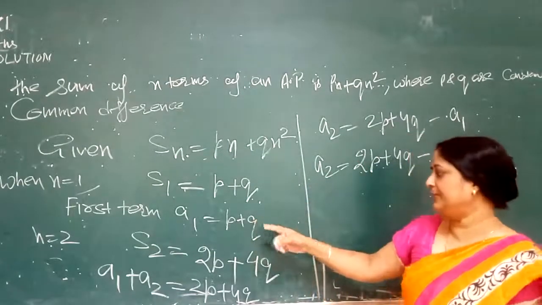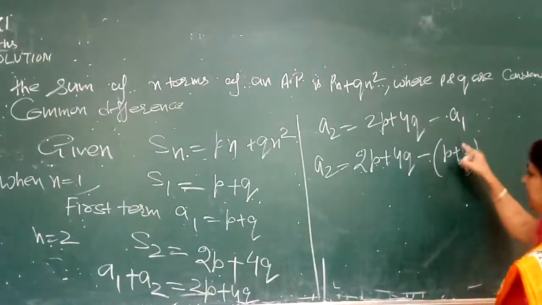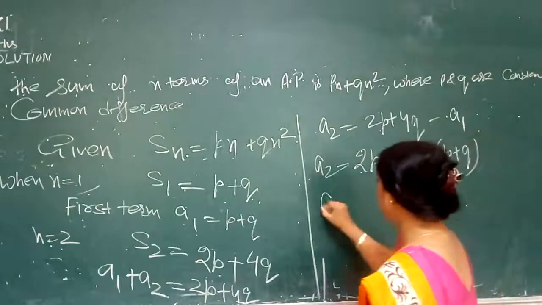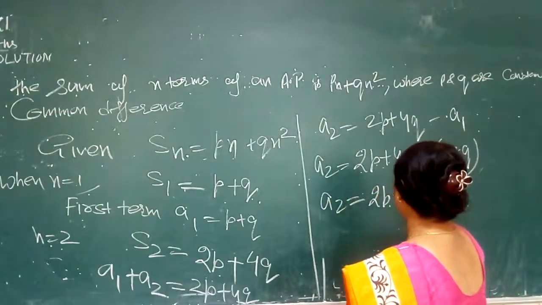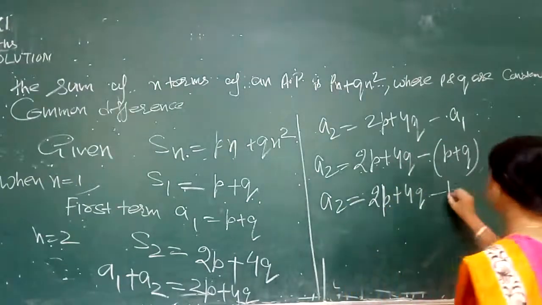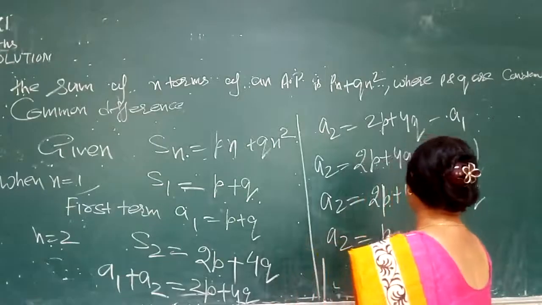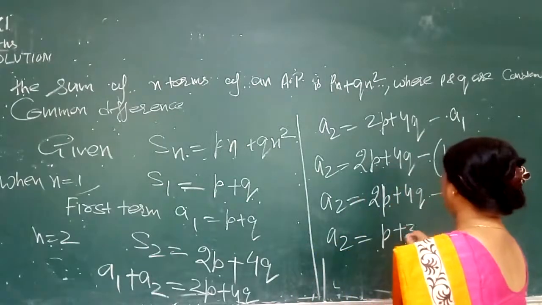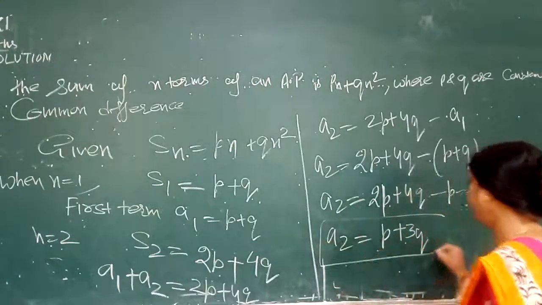The value of A1 is P plus Q. So put the value of A1 here, that is P plus Q. So A2 will come 2P plus 4Q minus P minus Q. So the value of A2 is coming here P plus 3Q. This is the value of A2.